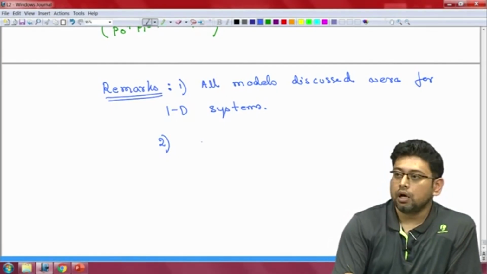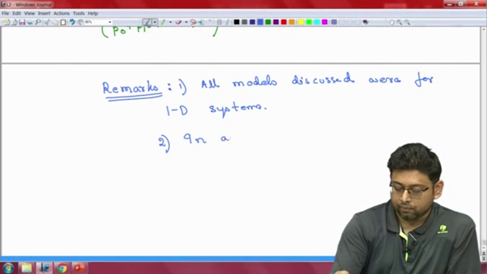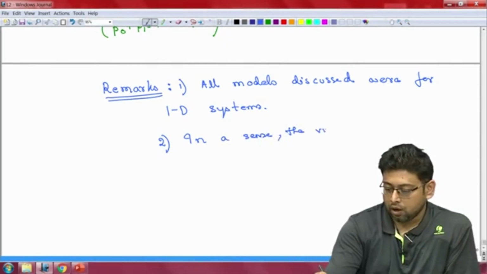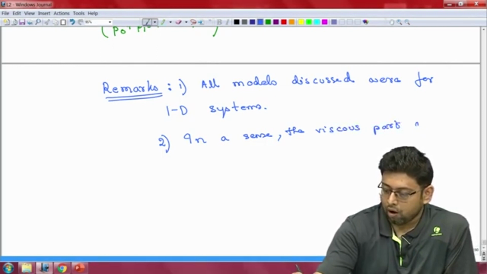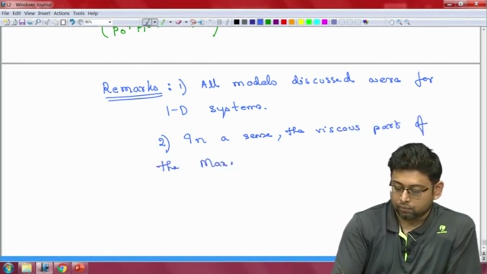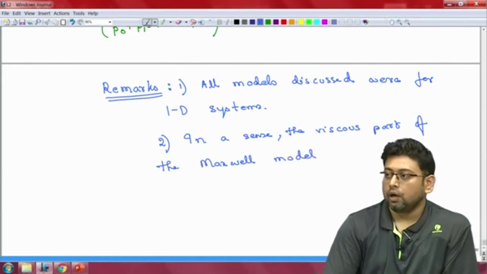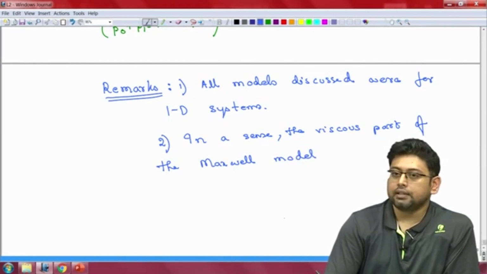In the Maxwell model, in a sense the viscous part of the Maxwell model is for a Newtonian fluid, in the sense that the viscosity is not shear rate dependent.